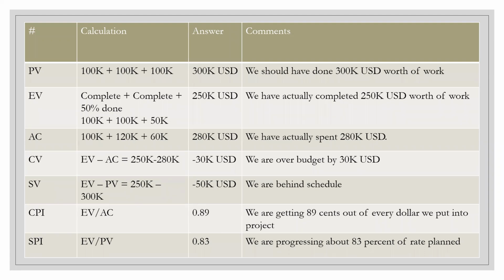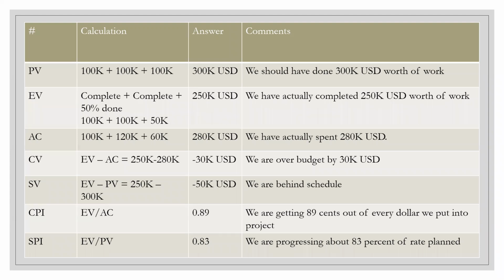They probably know that candidates forget the formula to calculate. So they will give you one answer like 0.89 here, and they will also give you one answer which is AC by EV, because there is a lot of chance that when you go to the exam and you have not practiced much, you may invert the formulas as well.